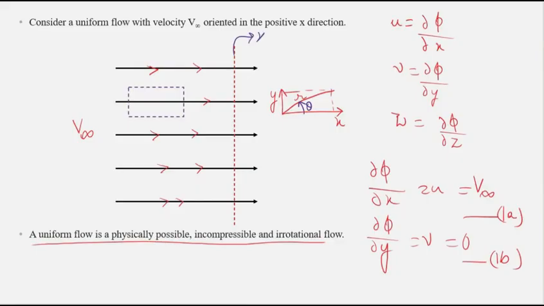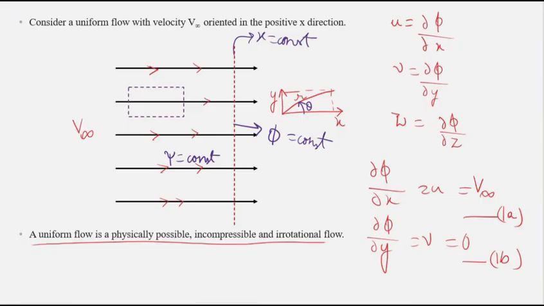So when I say y is equal to constant, which means psi is equal to constant, that is this horizontal line. And when I say x is equal to constant, my phi will be equal to constant, which is this vertical dashed line. So when we say psi is equal to constant and phi is equal to constant, and if you look at this figure carefully, these two lines are mutually perpendicular.